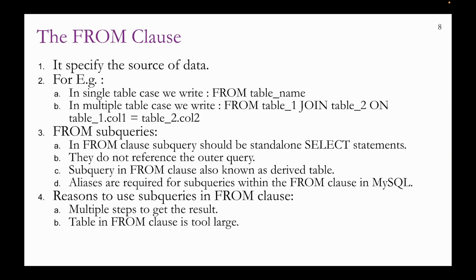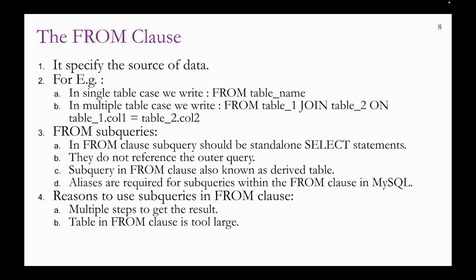Some of the reasons for using a subquery in the from clause are multiple steps to get the result. Like there are several steps we have to follow to get the result. So what we try is to transform the table before even writing our main query. Like in from, we give the table which will be used to get the results we want.